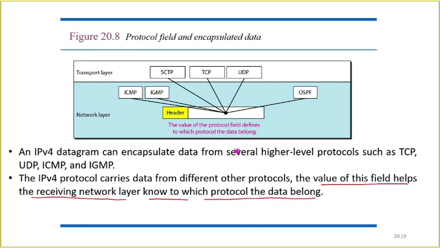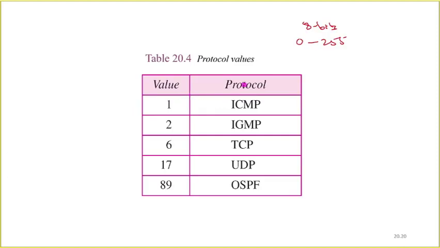So if a particular packet is there, which type of protocol that packet belongs to is given by this 8-bit protocol field. For different protocols, the values are given here.